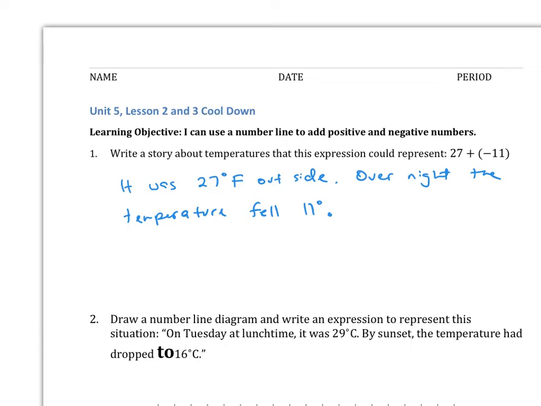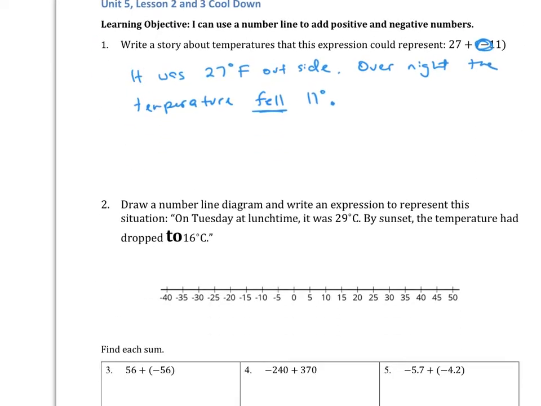If you did answer it, that's fine as well. But the key thing to remember is that you have the word somewhere in your sentence that indicates a negative number. So I know my word fell represents adding the negative number. There's other words that you could use instead. I just went with this one.